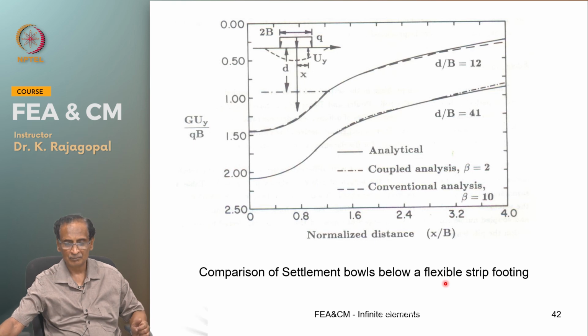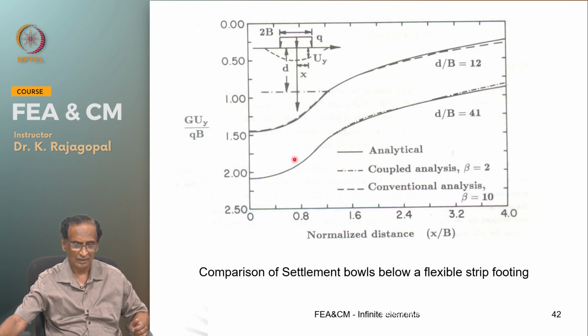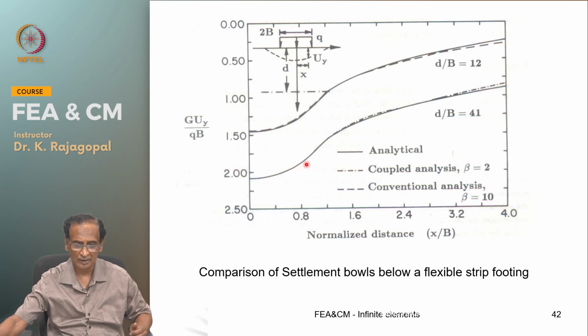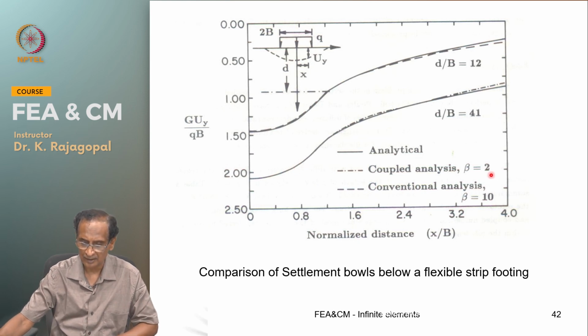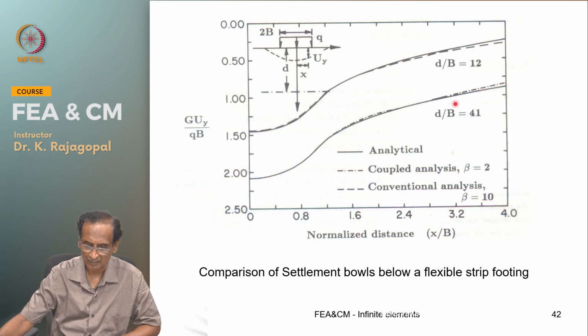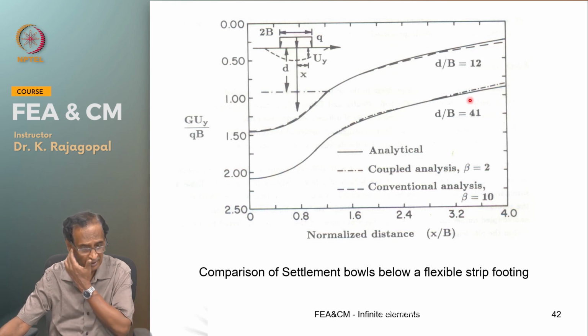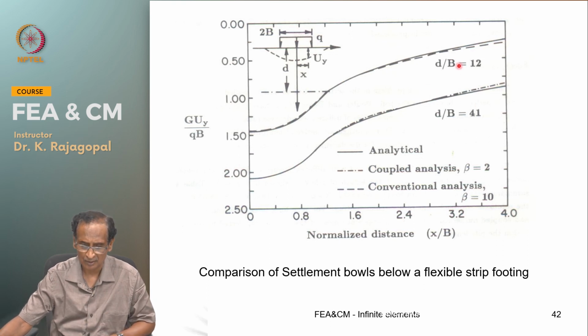So, here you see the comparison between the analytical and the finite element solutions. This is for a beta of 2. The d by b comes out about 41, whereas for finite element analysis the d by b is about 12.